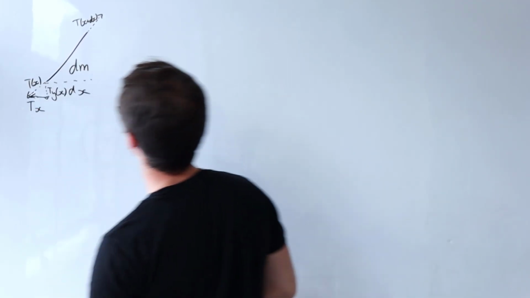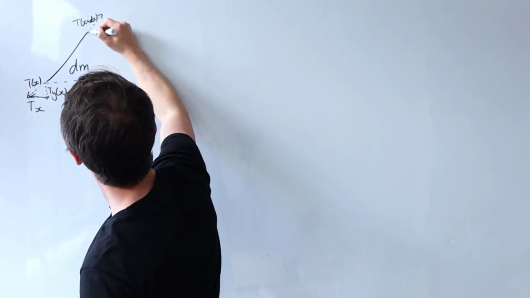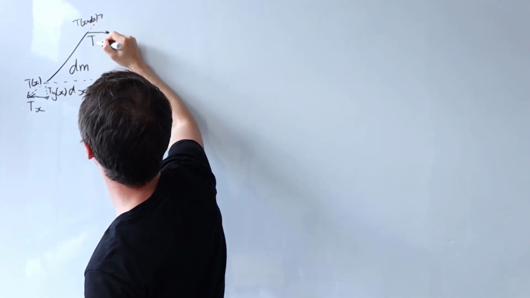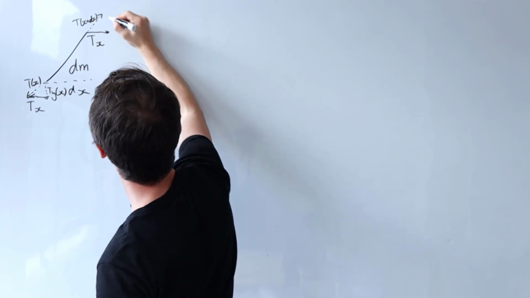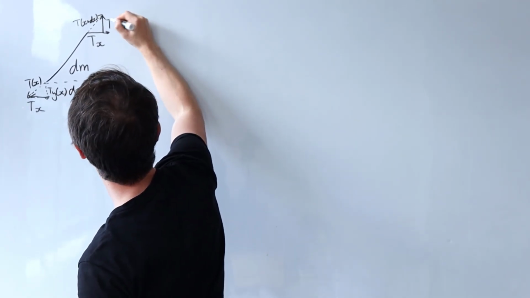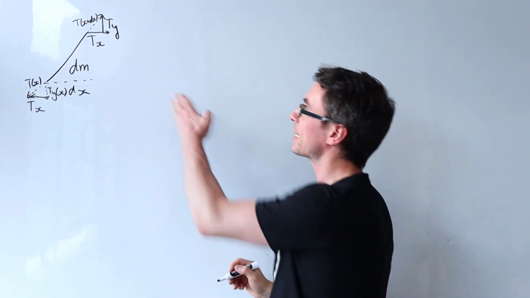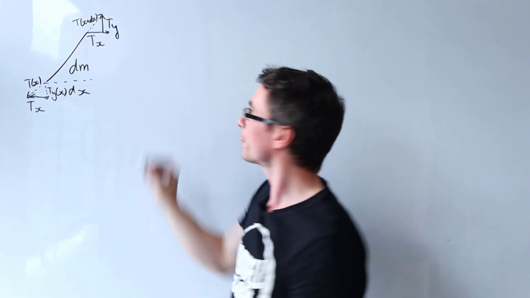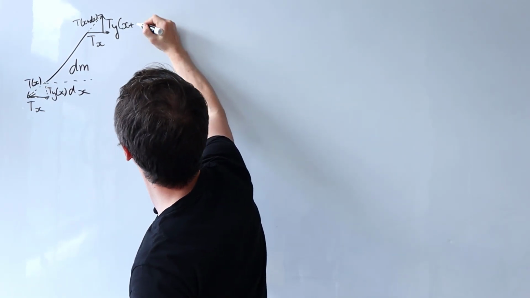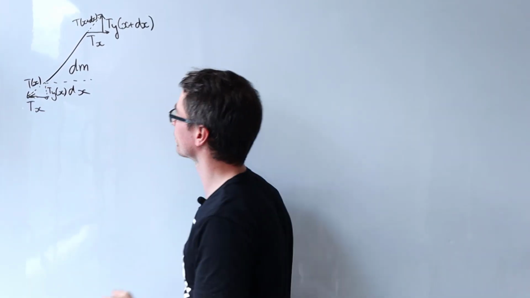Let's call that Tx. Similarly, this one is going to have a component to the side. Let's call that Tx again, and a vertical component which will be acting upwards, and this here is going to be Ty, but now this will be evaluated at x plus dx.